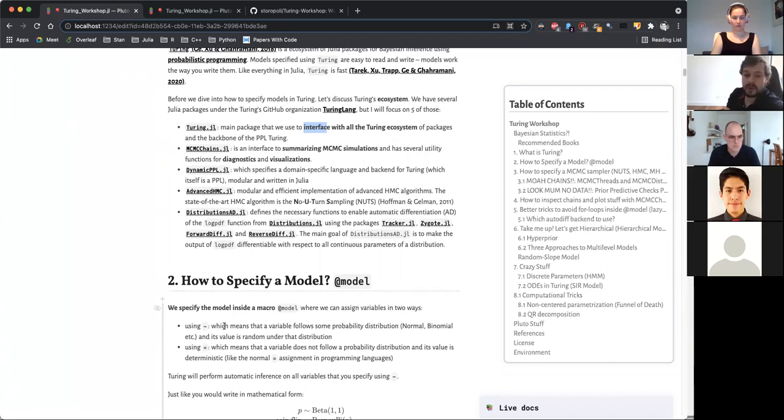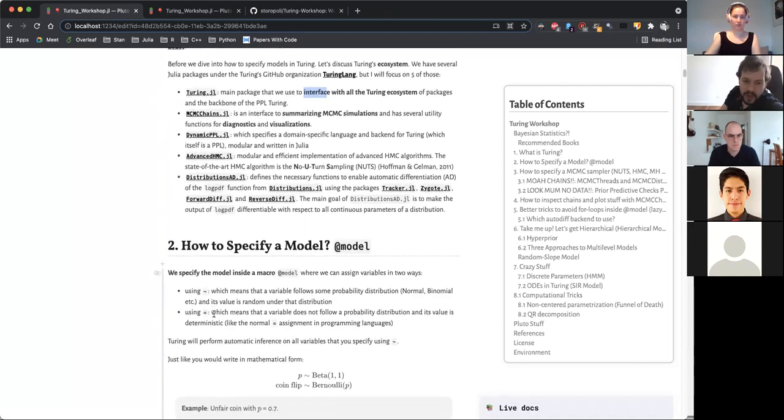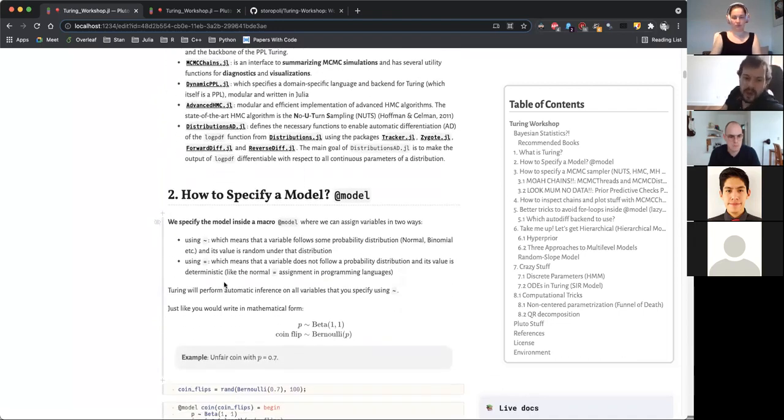And if we want to have a variable take a specific deterministic value, not a probabilistic value, we use the equal sign, which means that the variable does not follow a specific probability distribution, and it's a deterministic value. Turing will perform inference in all the variables that you specify using the tilde notation.